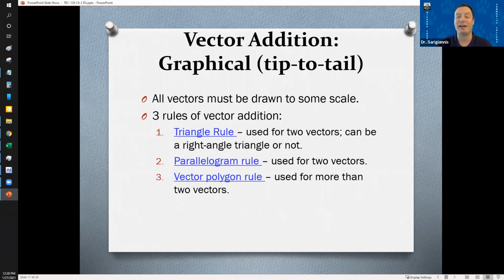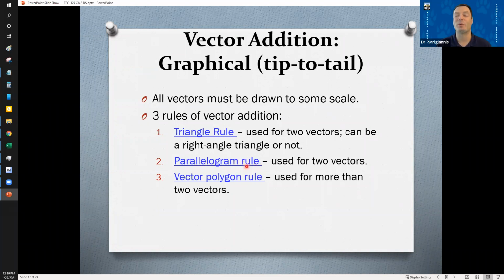But you can use a few things like the triangle rule, right? The triangle rule is used for two vectors, and it doesn't have to be a right angle triangle. So you can see where things like the law of cosines become important, especially if you have vectors that are not at a right angle. We've got to be able to figure out lengths and angles without the Pythagorean theorem.